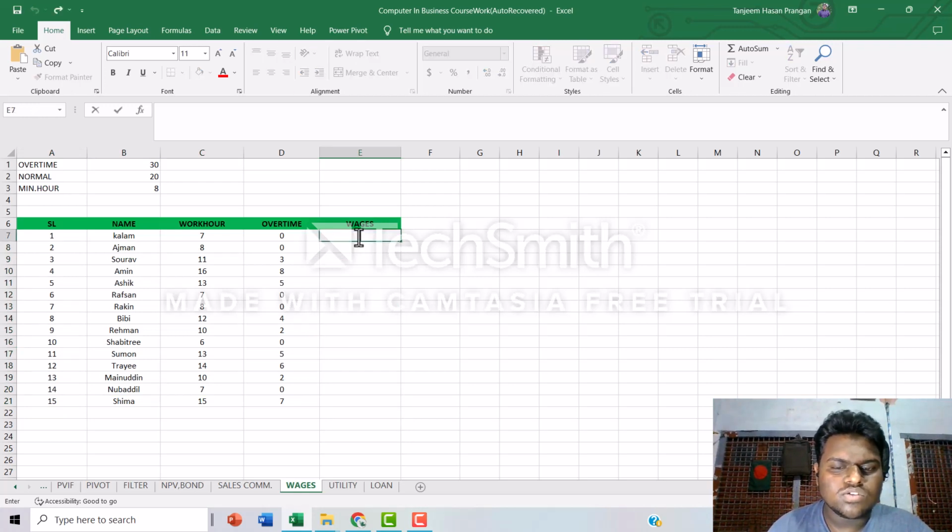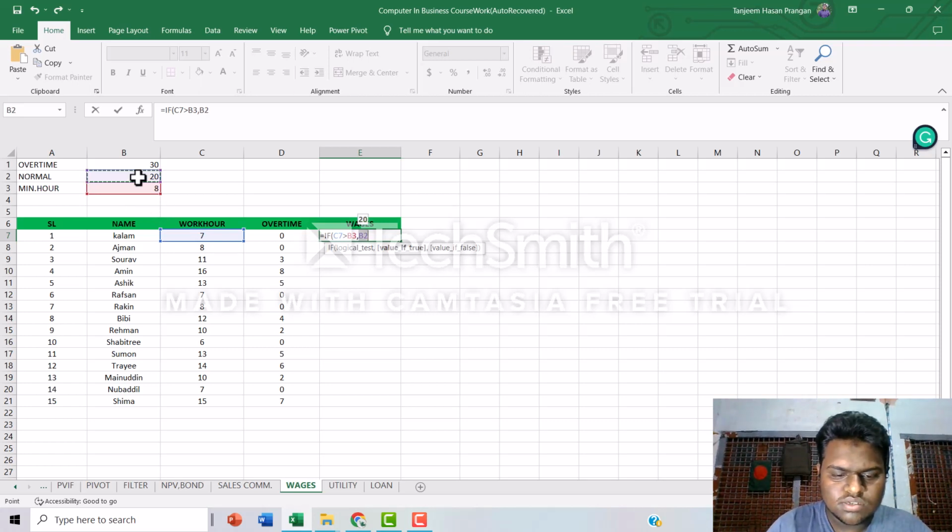To calculate the wages, we have to put in the IF function. So IF, and then as per the logical test, we select this work hour, greater than the minimum hour, which is 8, and comma. Then that would be the normal rate multiplied by the minimum hour, plus the overtime.